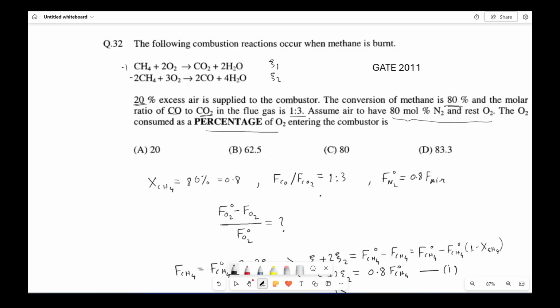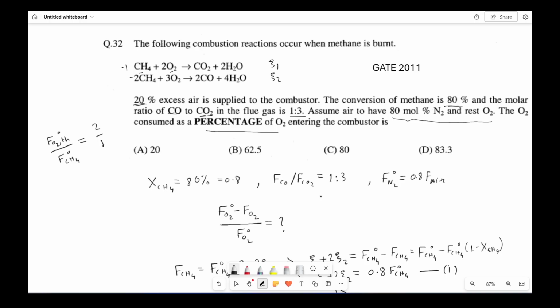There will be no CO. So for complete combustion, the theoretical oxygen supplied FO2TH divided by the CH4 supplied should be in the ratio of 2 to 1, because O2 2 and 1 C will completely react without excess quantities, giving CO2 and H2O.